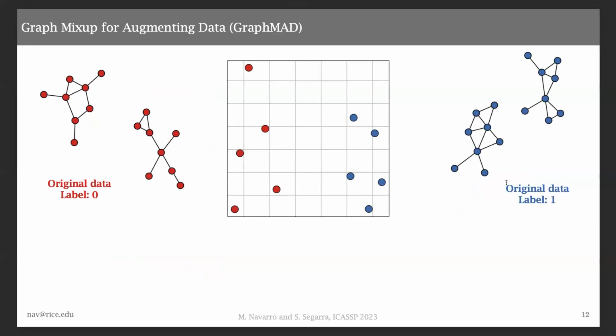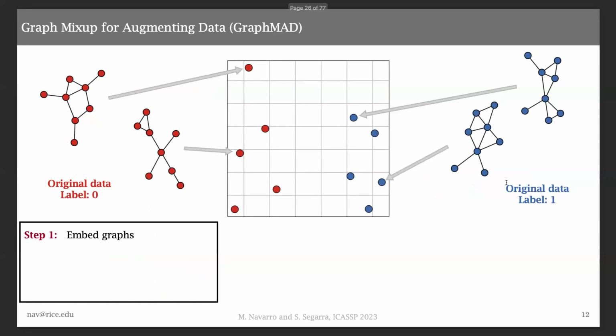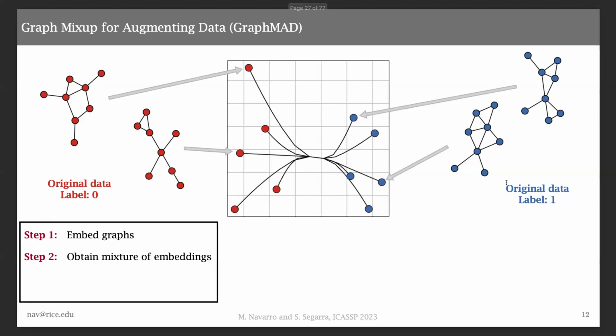The first step is that we project all of the graphs in our labeled data set to a continuous embedding space. This is a really popular approach for mix-up of non-Euclidean data, and it works very well as long as your latent space preserves semantically relevant information. Once we have these continuous embeddings, we can perform mix-up in whatever way you choose. You can do linear mix-up or the convex clustering mix-up that I just proposed.